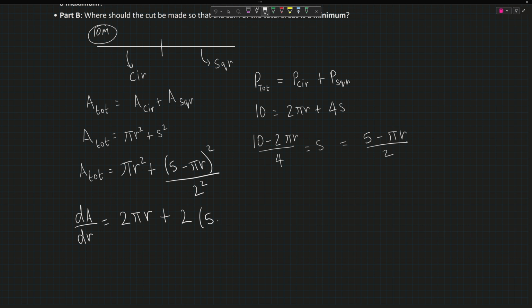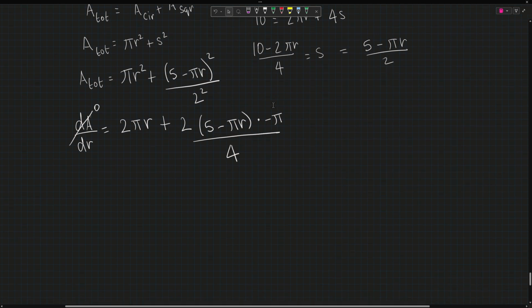So I could just do this, and then times negative pi divided by 4. Alright. And we have to set this equal to 0, remember, to get our critical value.